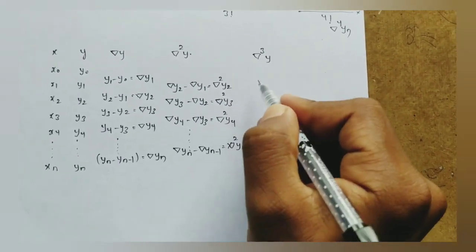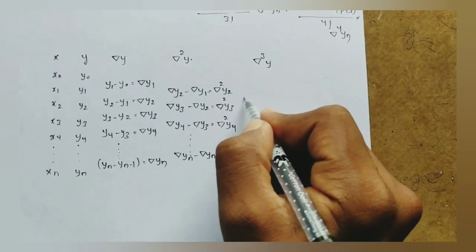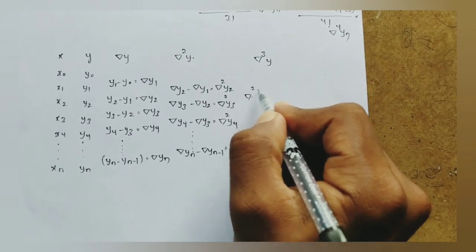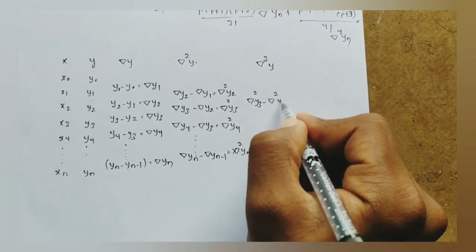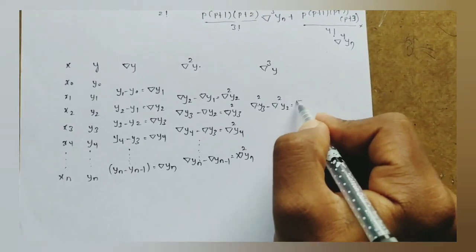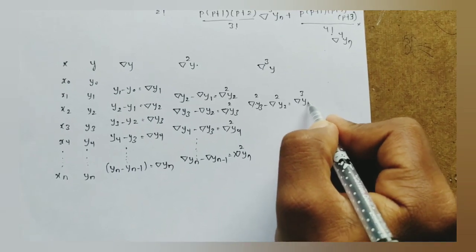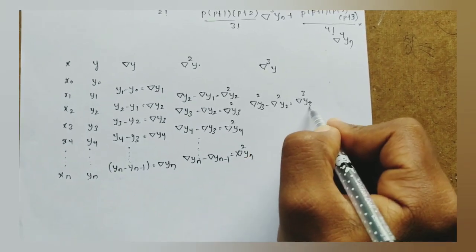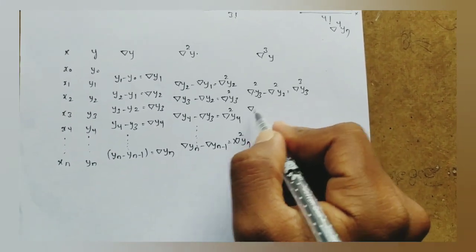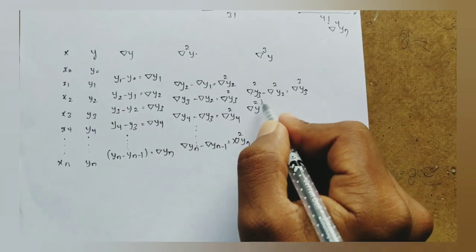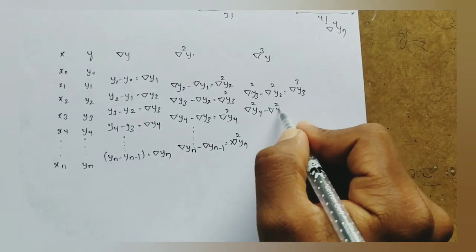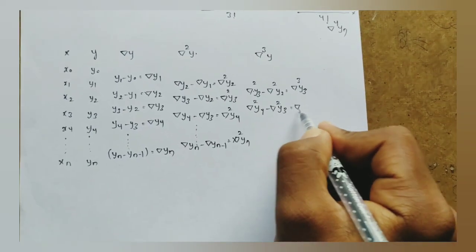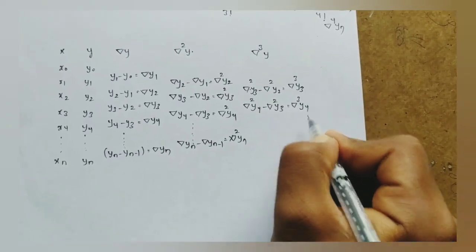Here del cube y value also the same. Del square y3 minus del square y2 gives the value of del cube y3. Here similarly del square y4 minus del square y3 gives the value of del cube y4.